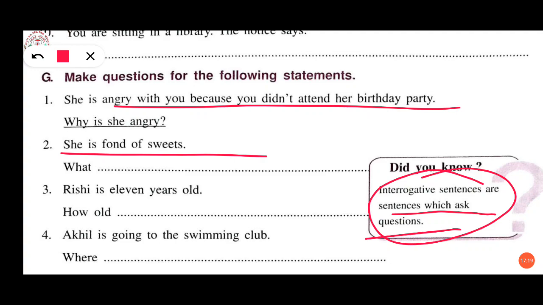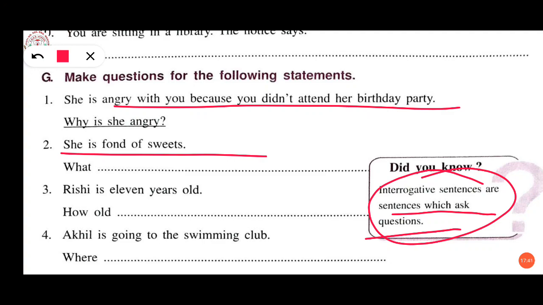Like first one, for example, it is given: she is angry with you because you didn't attend her birthday party. Why is she angry? Question mark. If you are putting a question mark, it means that is an interrogative sentence. Now second one, she is fond of sweets.